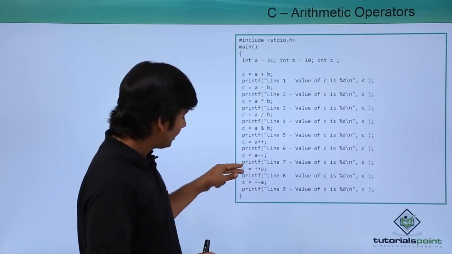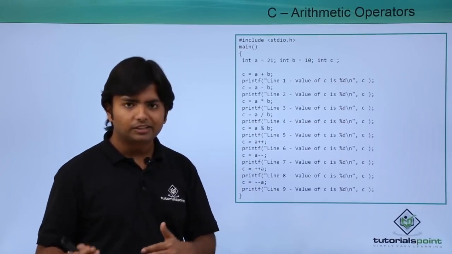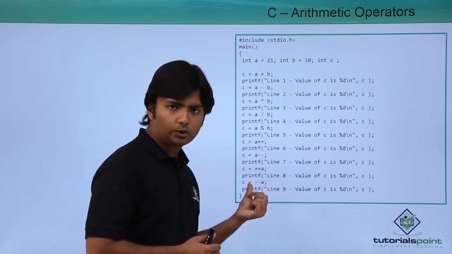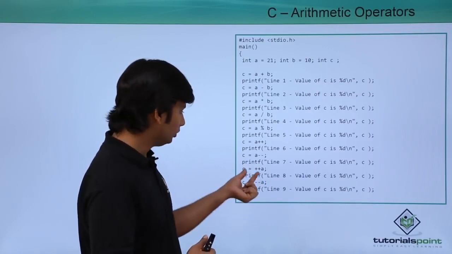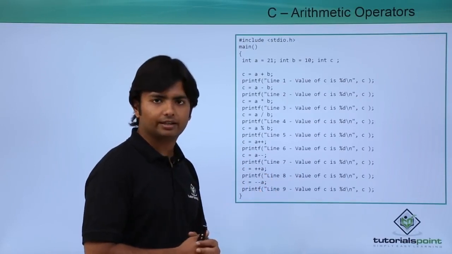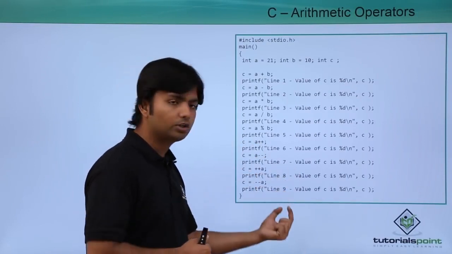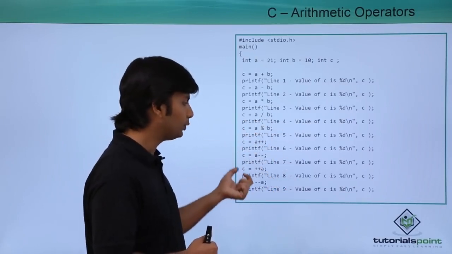Now here you can see ++a. This ++a is pre-increment, meaning before the assignment of the value to c, the value of a will be incremented. So this 21 will again become 22, a will become 22, and then the value will be assigned to c.